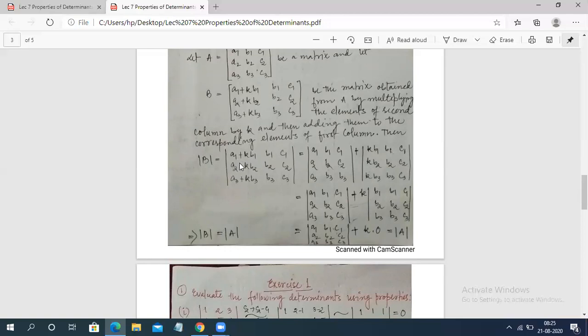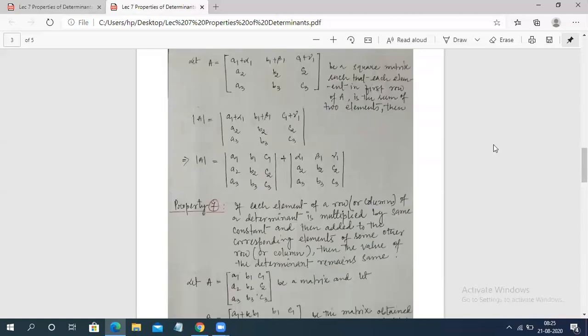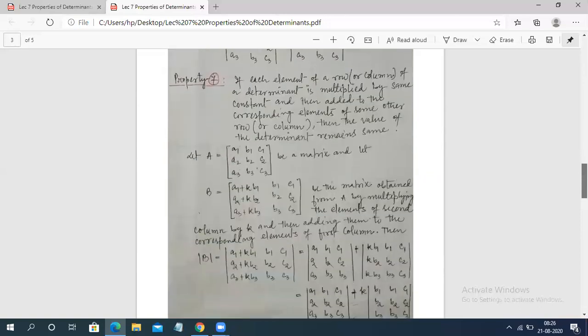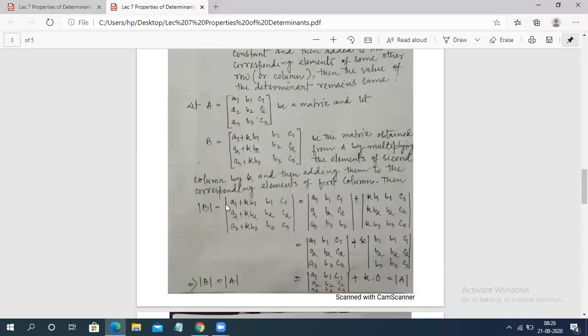So you can write by the last property we have discussed, property number 6: if each entry of the row or column is the sum of two terms, then we can write it as the sum of two determinants. So this determinant can be written as A1, A2, A3, B1, B2, B3, C1, C2, C3 plus K, B1, B2, B3, B1, B2, B3, C1, C2, C3.